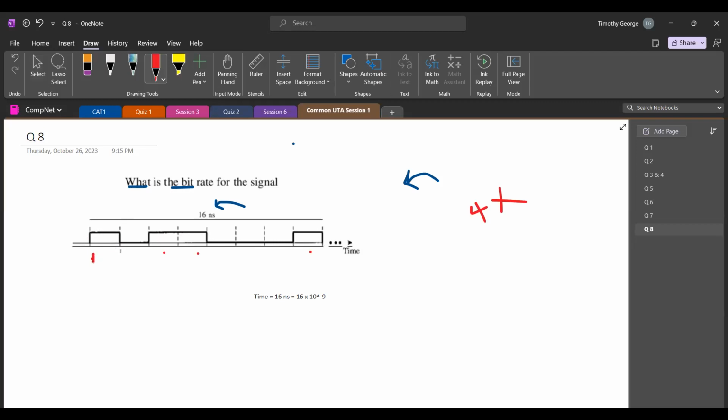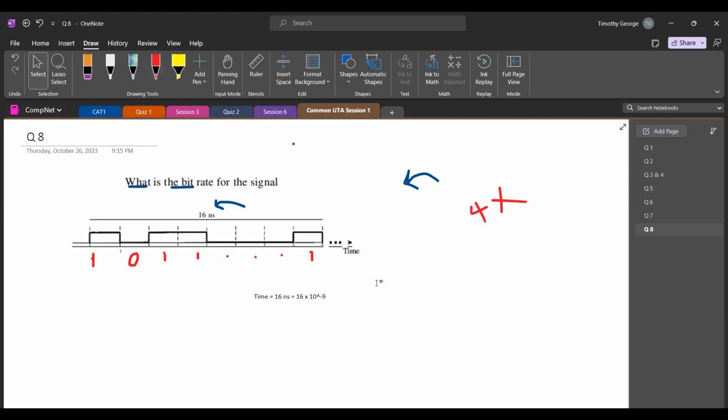So this is a 1, right? This is nothing, but it doesn't mean that there was no bit here. It means that it corresponds to value 0, right? This is again 1, again 0, 0, 0, and then again 1. So how many bits do we have in total? 2, 4, 6, 8 bits, not 4.